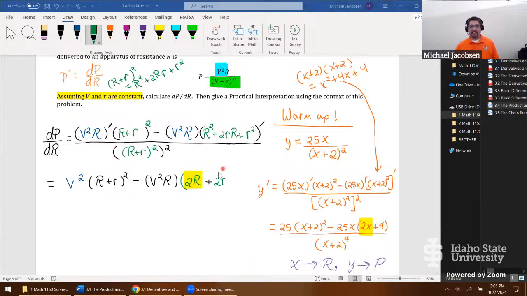So let me say here on that 2R is 2R. At this step is right here, that lowercase r squared. Let's say here, lowercase r squared is a constant.